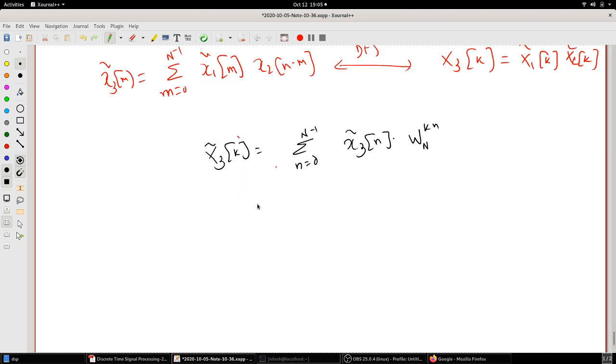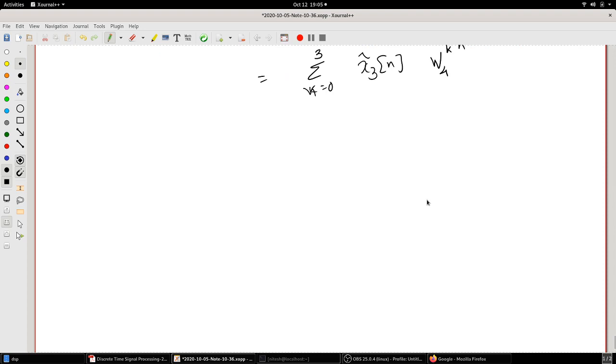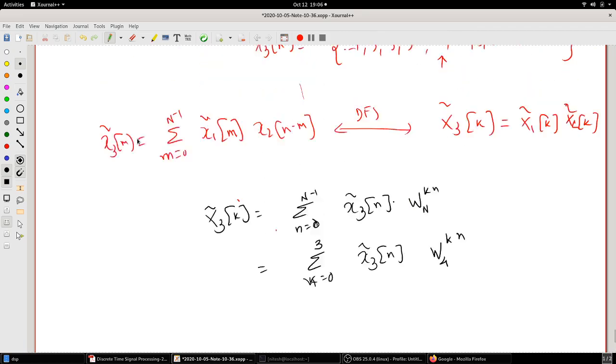So here, N minus 1 is 3, n equal to 0 to 3, and then this is W_4^kn.